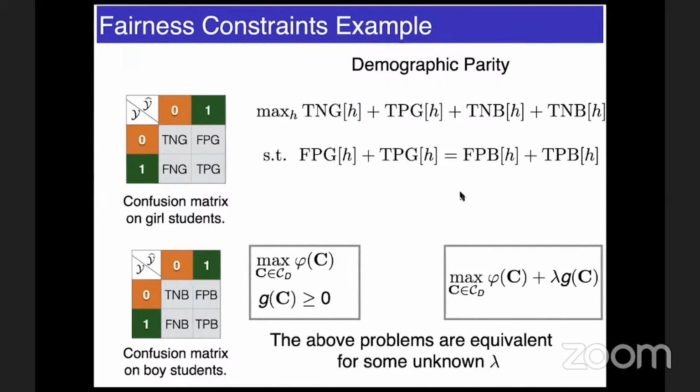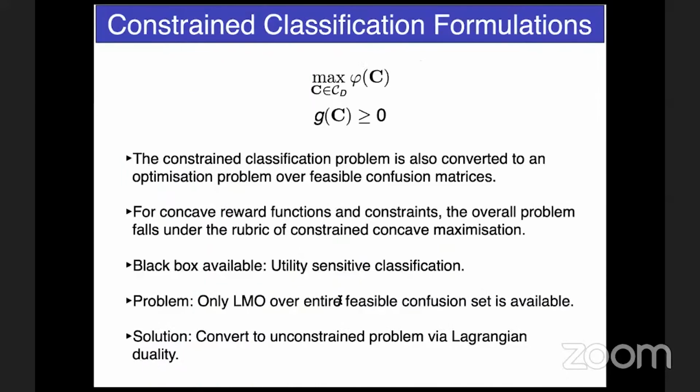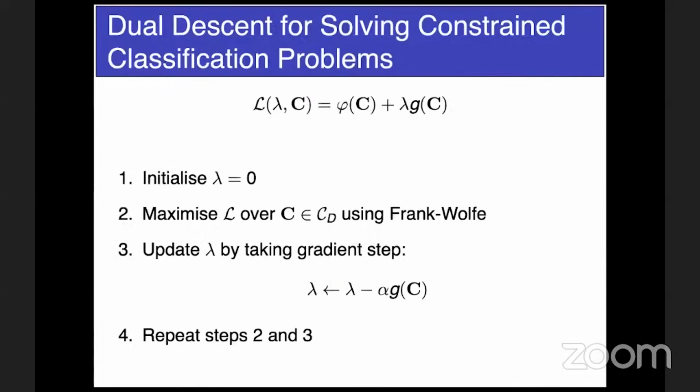And once again, framing a problem like this in the optimization language helps us to use tools from standard optimization literature. So we can use standard tools from Lagrangian theory and solve these problems. I'm not really going to go into the details of this.